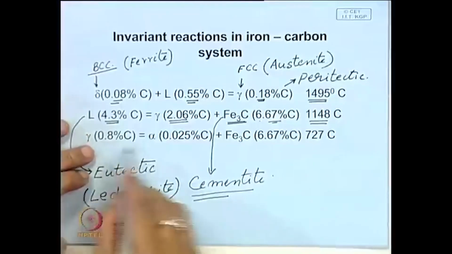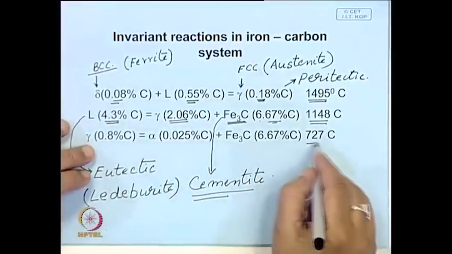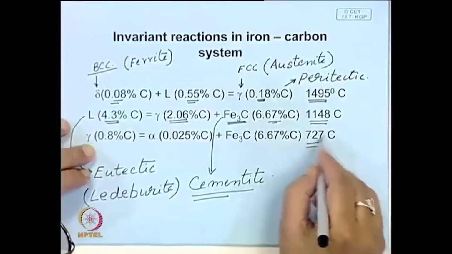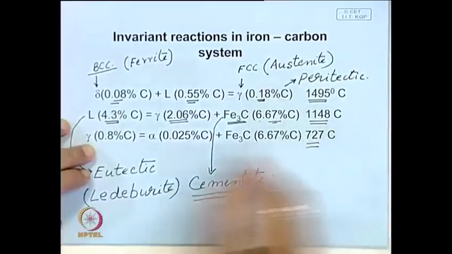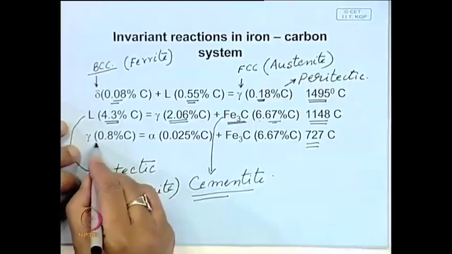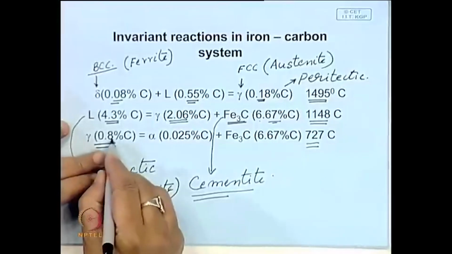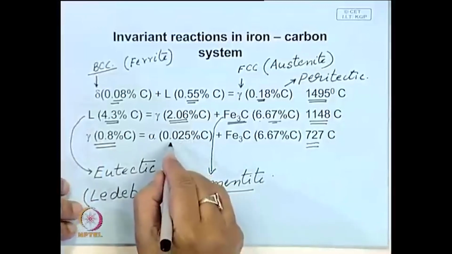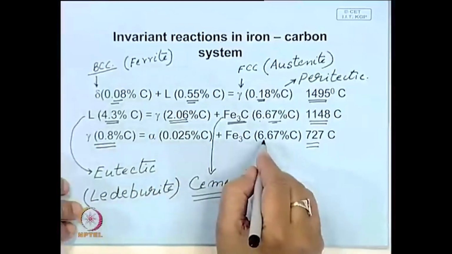And the third reaction takes place around 723 or 727, around this temperature, this is a fixed temperature. Here that austenite of a definite composition, that is 0.8% carbon, breaks down into a mixture of ferrite and cementite.